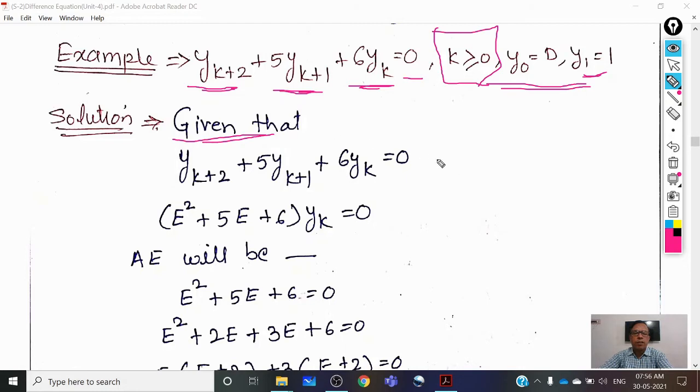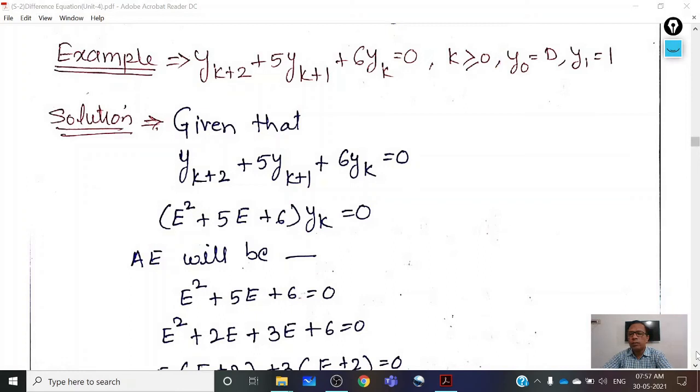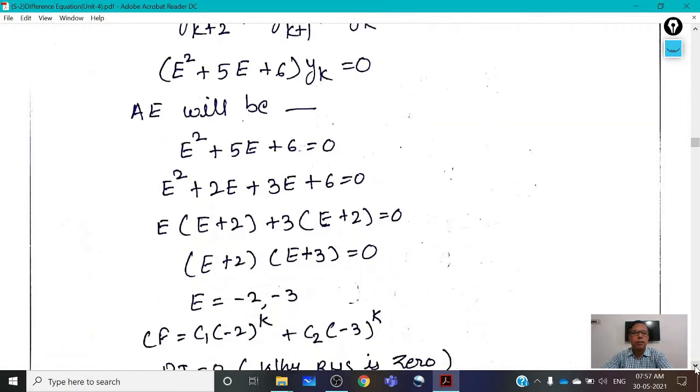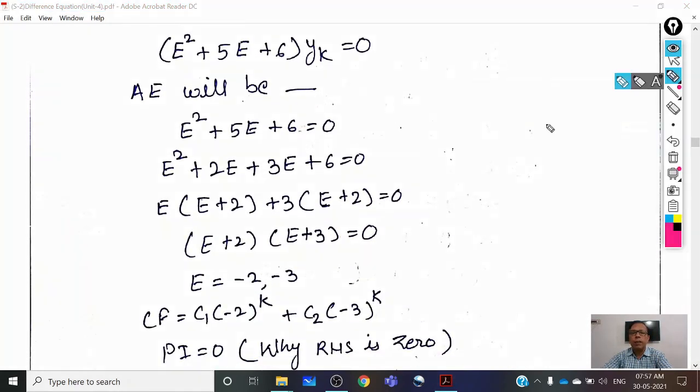Given that the difference equation is yk+2 plus 5yk+1 plus 6yk equal to 0, this equation can be written in the form of (E square plus 5E plus 6) into yk equal to 0. So the auxiliary equation of this equation is E square plus 5E plus 6 equal to 0.